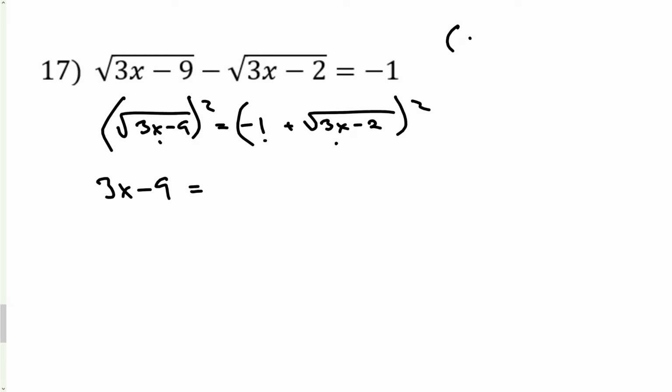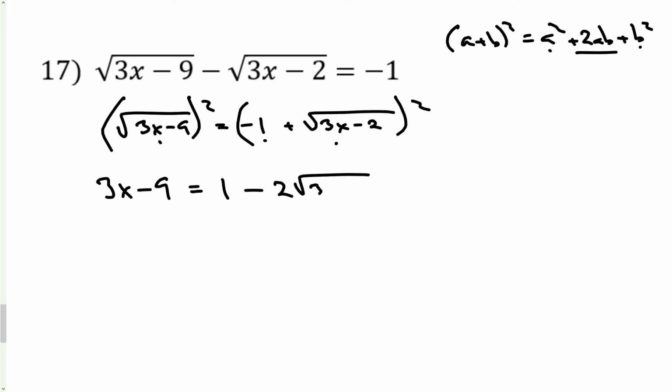And remember that when I square a binomial, I get a squared plus 2ab plus b squared. So these two terms can't have a radical because we have squares. This one can. Okay, so negative 1 squared is 1 plus 2 times negative 1 times this radical gives me negative 2 radical 3x minus 2 plus b squared, 3x minus 2.